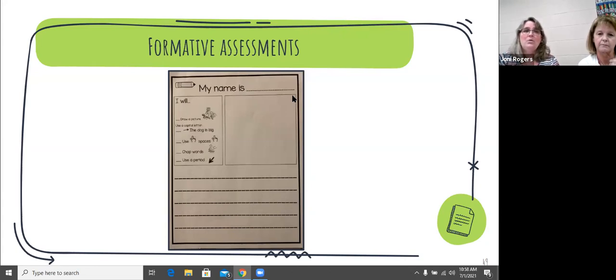And I think that's important to remember, because at the very beginning, when we started this process, that's probably one of the things we did not do. We each gave our own assessments. We didn't have a common one. And then we realized when we were coming to the table to compare, sometimes she had apples and I had oranges, and it was hard to put the kids in the categories that they needed to be.